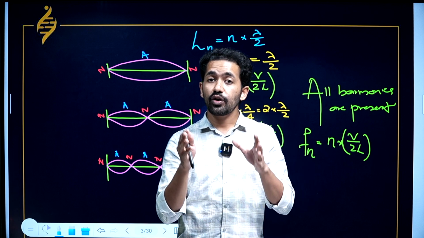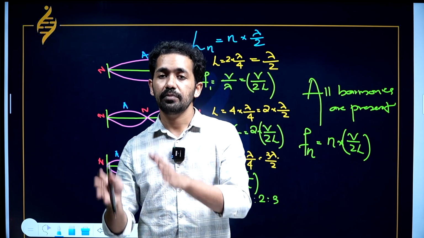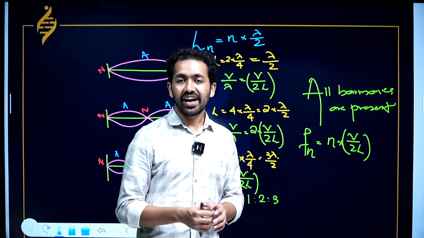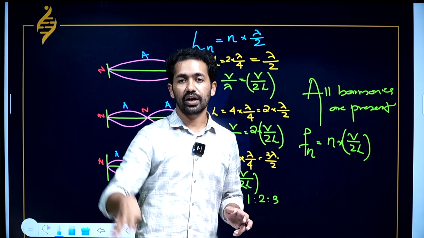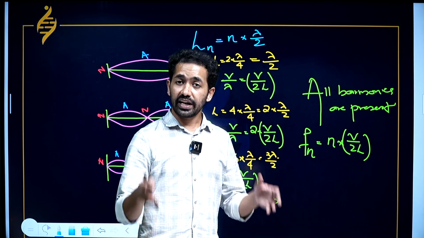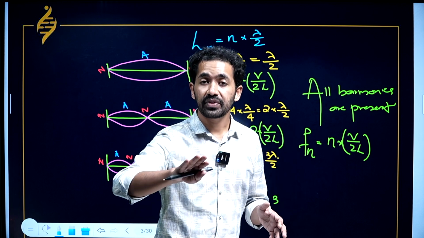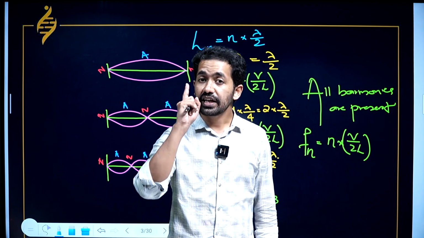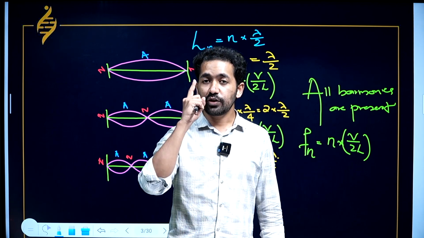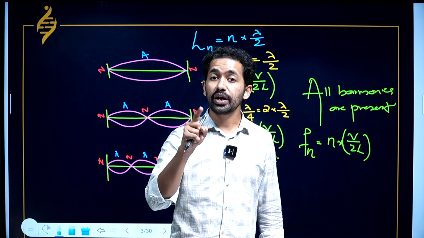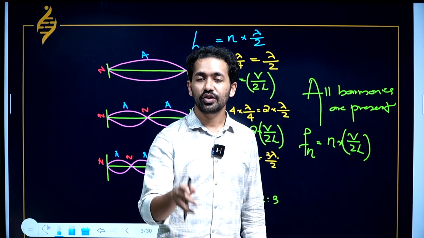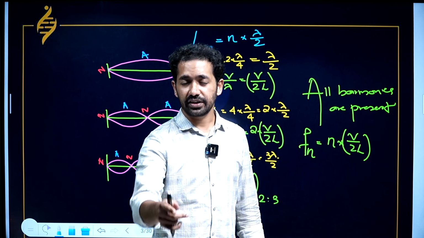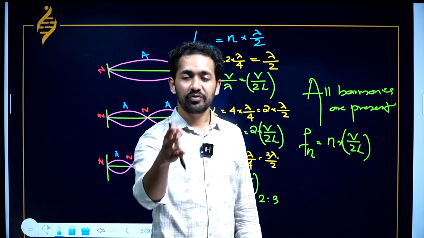The general equation for length is n into lambda by 2, and the general equation for frequency is n into V by 2L. That is the general equation for open pipe as well as string. Whereas in the case of a closed pipe, the equation for frequency is 2n minus 1 into V by 4L. I hope that this section has become very easy for you, right?